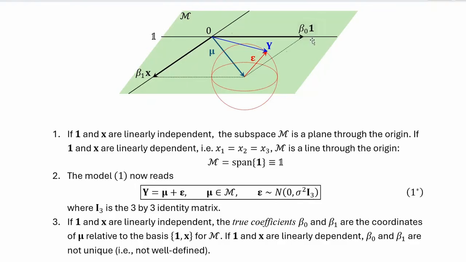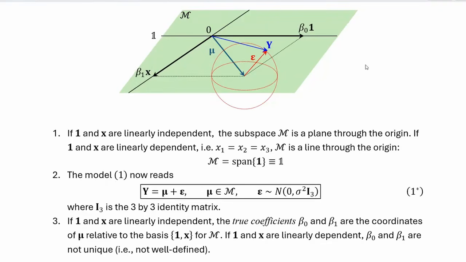If 1 and x are linearly independent, then the true coefficients, beta 0 and beta 1, are the coordinates of mu relative to the bases 1 and x for M. And if 1 and x are linearly dependent, the coordinates are not well defined. So this is a geometric illustration of the model. That is how we describe the random response big Y.